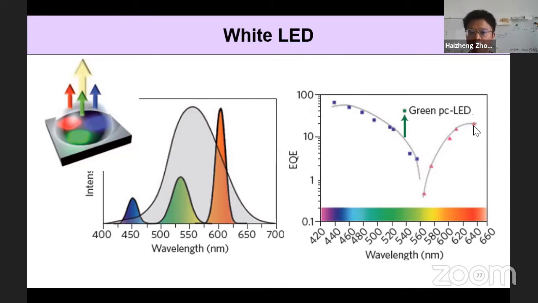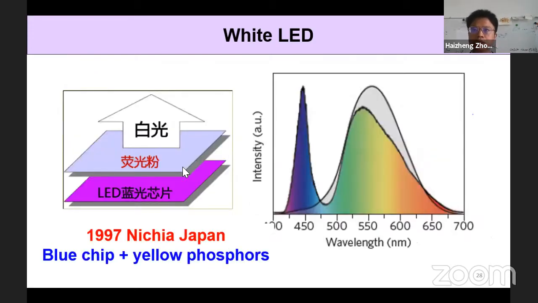For white lighting, they need RGB colors, so they use another way to generate the white lighting. For example, they can utilize a blue gallium nitride LED chip with phosphors to generate white light.